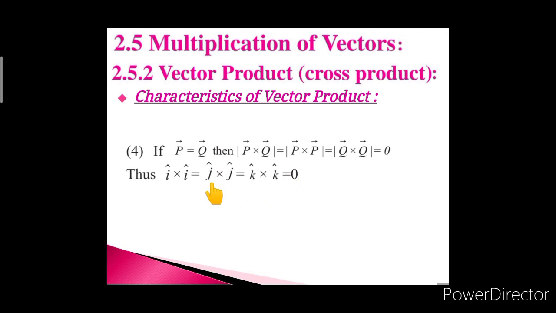Similarly, j cap cross j cap is 0 and k cap cross k cap is 0, because the angle between them is 0. So if two vectors have the same magnitude and direction, the magnitude of the vector product is 0.